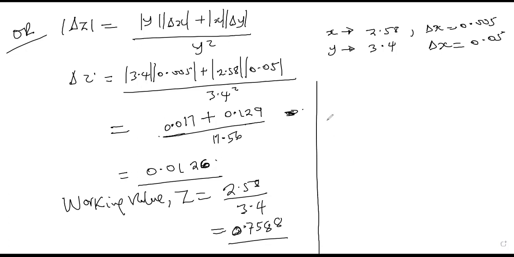Yes. Now, if we are to get the range, we shall need the minimum value of Z and the maximum value of Z. Minimum value of Z would equal Z, which is 0.7588. We subtract the error because we need its minimum.